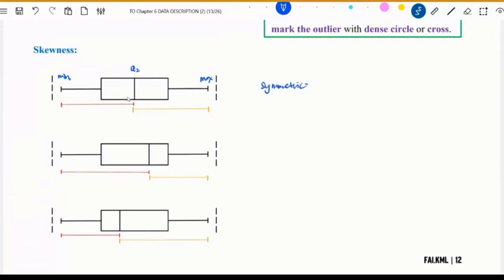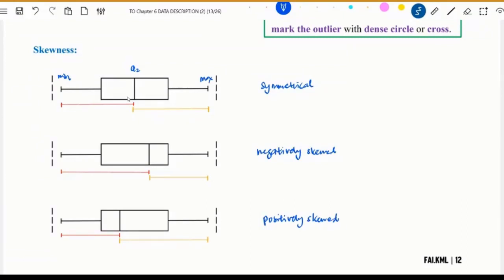Okay, but if we have the left hand side longer than right hand side, we name it as negatively skewed. If we have the right hand side longer than left hand side, we're gonna have positively skewed.